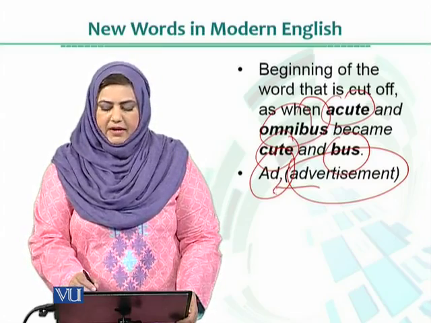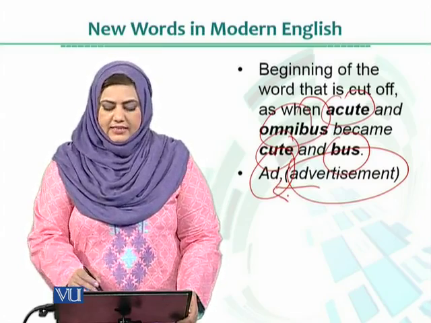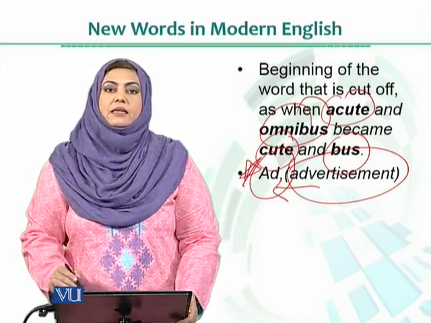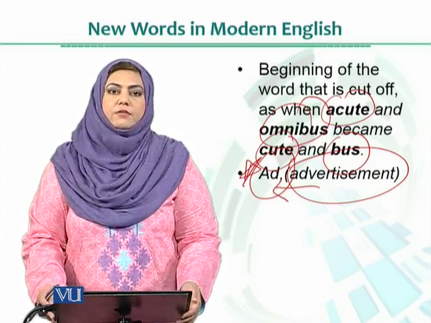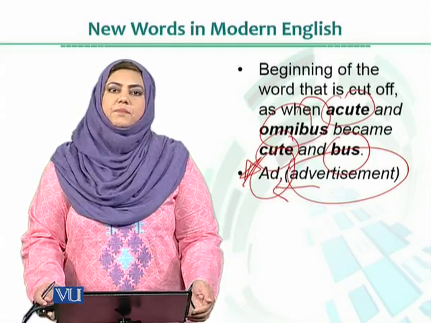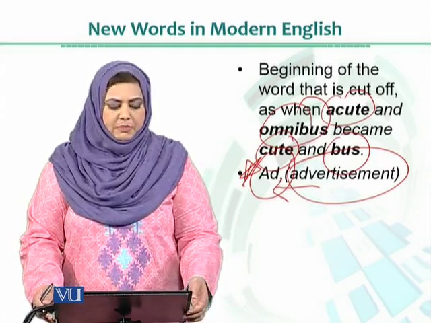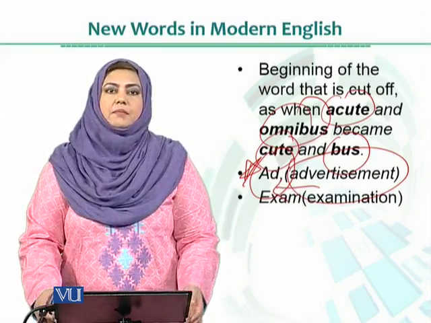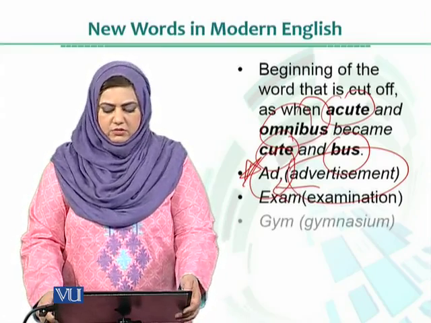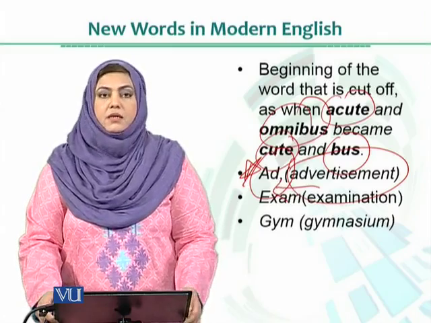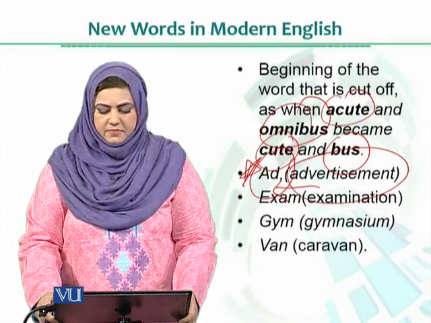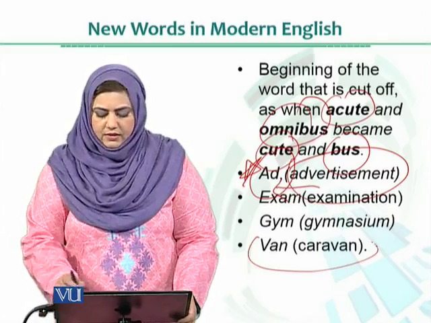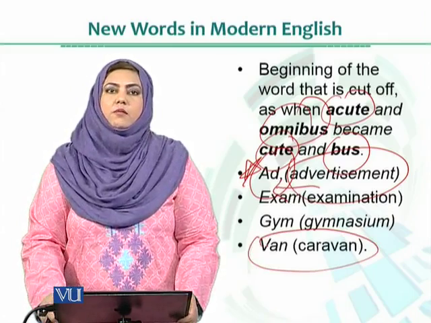This shift from advertisement to ad and this acceptance of ad as a word in itself is a process of how vocabulary is developed. Same goes for exam, made from examination. Gym from gymnasium. And a very interesting one, van from caravan.